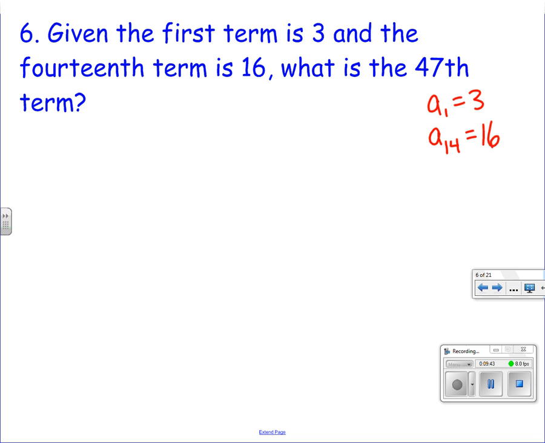All right, so now I'm ready to use the formula. Pandora, how would I set it up? Very good. So I'm going to put in 13. Good job. Okay. Laura, how would I solve that?